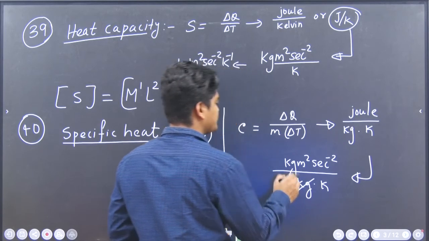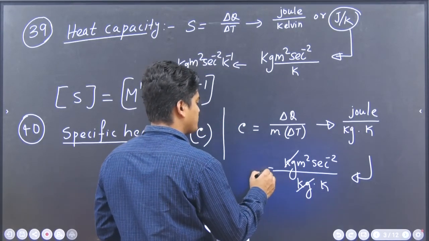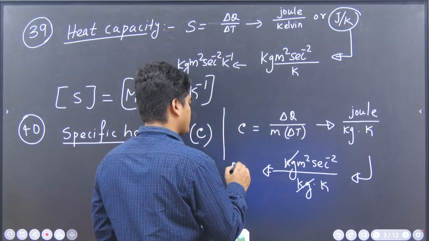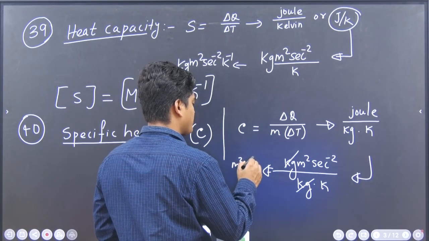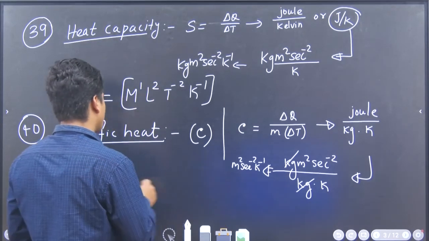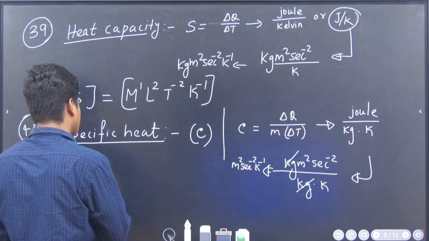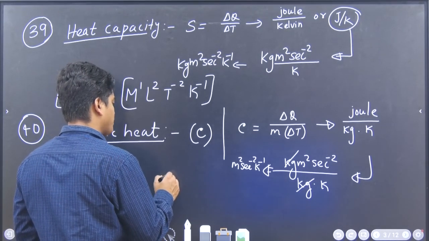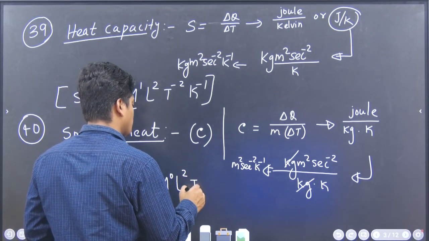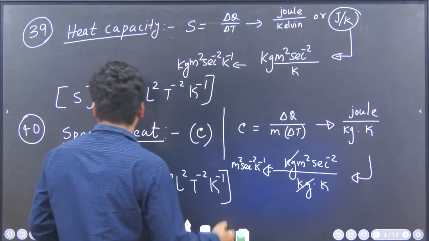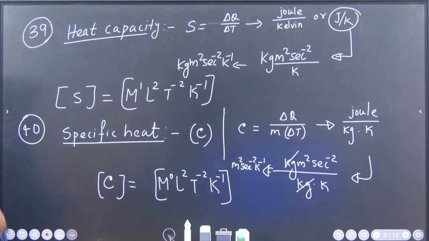Definitely kg will cancel. You will get meter square second to the power minus 2 Kelvin to the power minus 1. Or if I write the dimension of specific heat, it is M to the power 0, L to the power 2, T to the power minus 2, K to the power minus 1. So this is the dimension of specific heat.